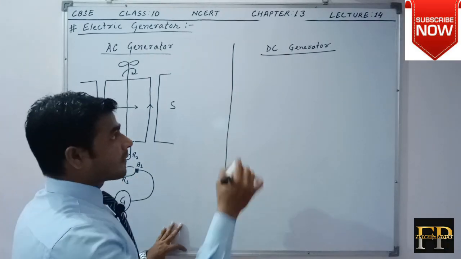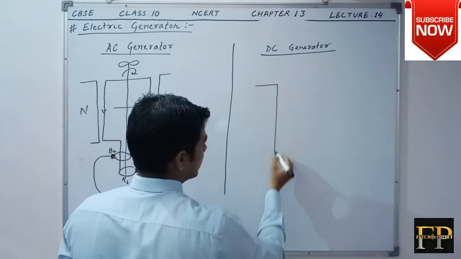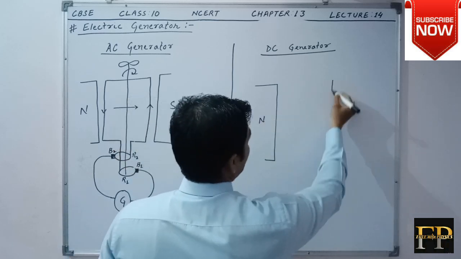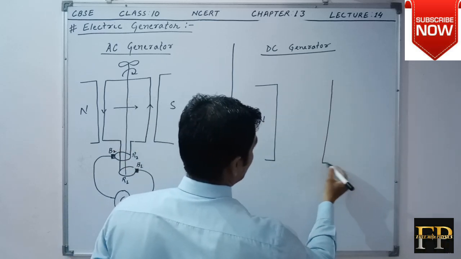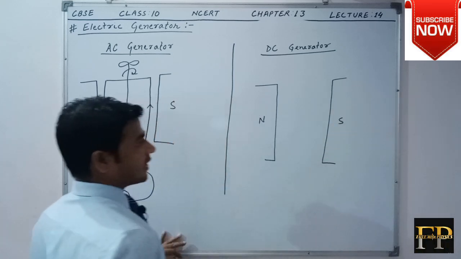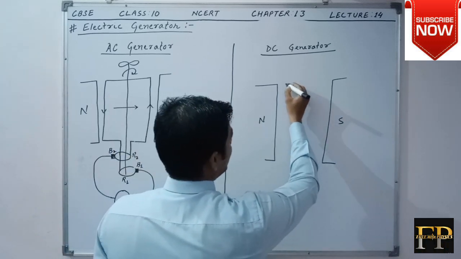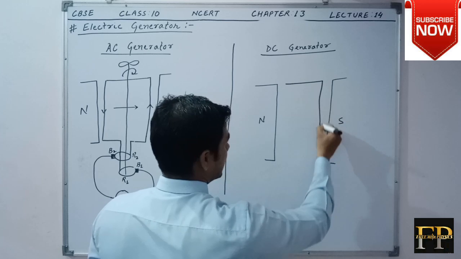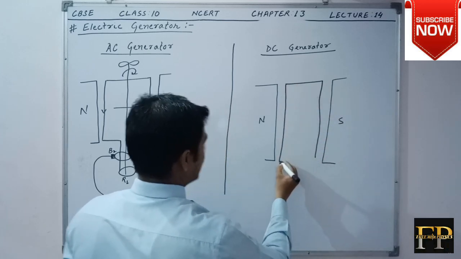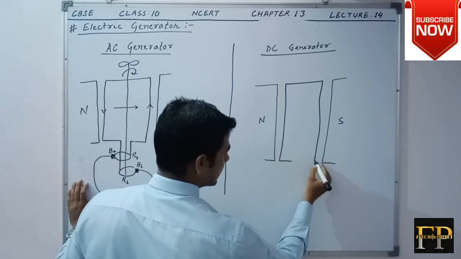So the DC generator also consists of a permanent magnet or a strong electromagnet, and in between this we will place a rectangular coil similar to the AC generator.